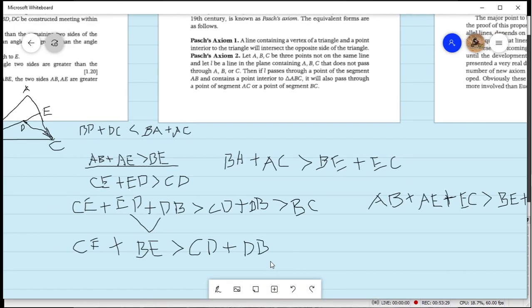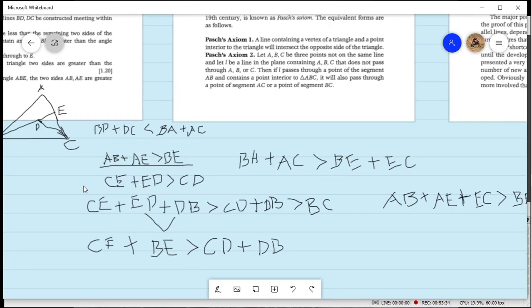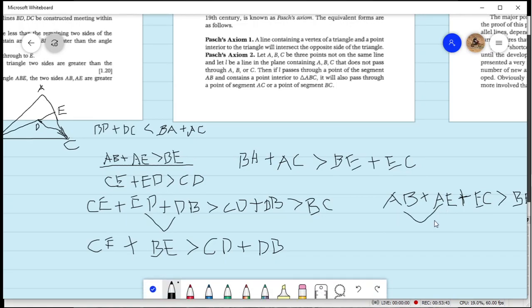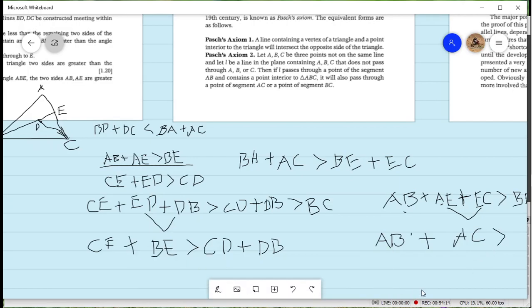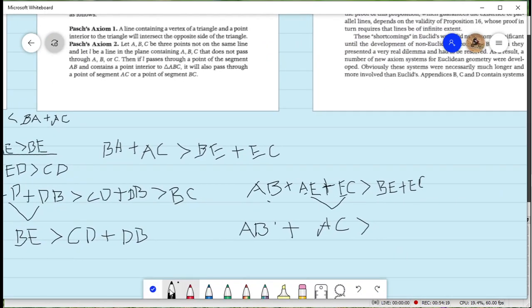But notice that AE plus EC is just AC. So it would mean that AB plus AC would be greater than BE plus EC. Hence, we have this inequality here.